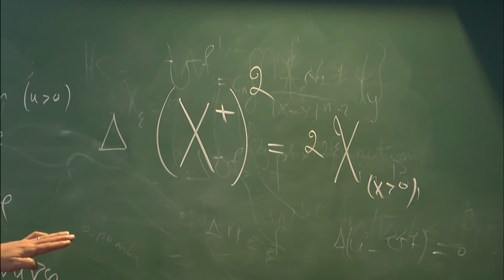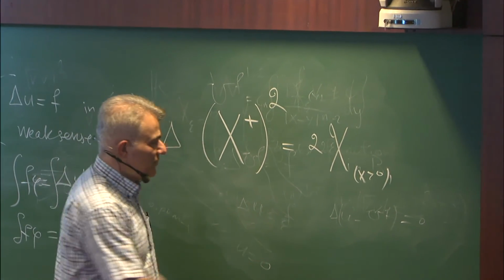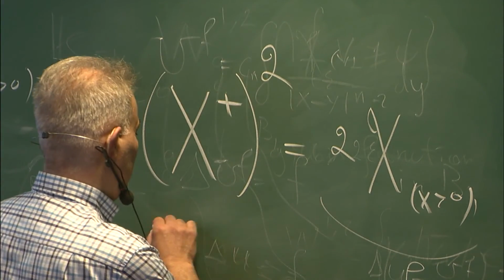So it's 0 and 2, and then the Laplacian jumps. So this function is our f, and this function is our u.